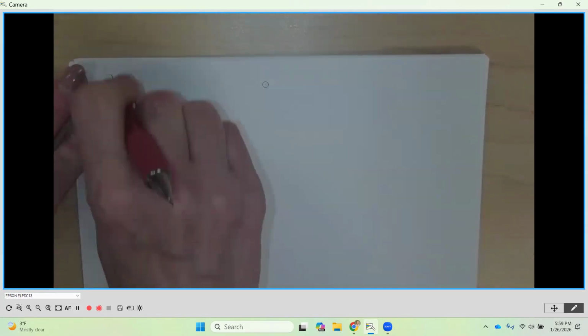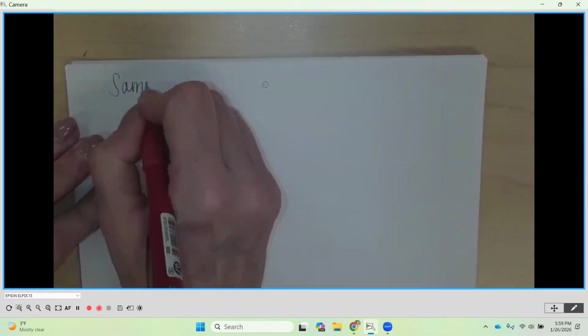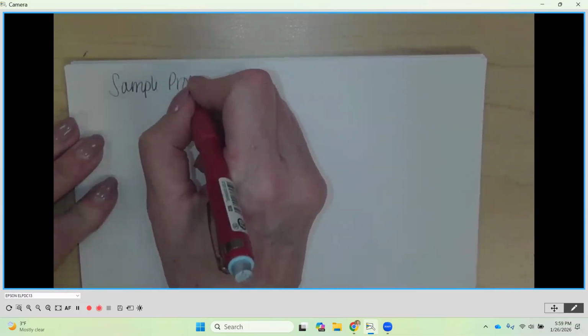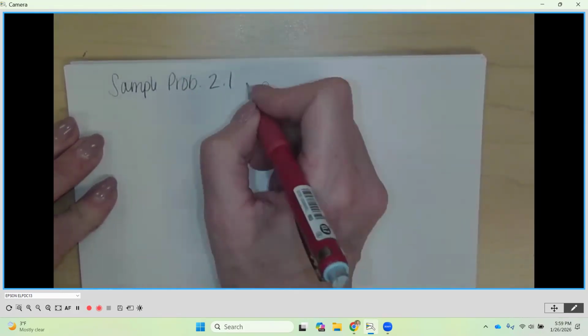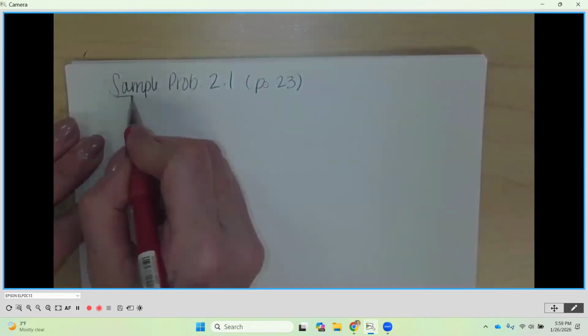This is going to be our first practice problem that you're going to be submitting. So we want to make sure that we identify that it is sample problem 2.1, and if you want to reference the page number, this is page 23.